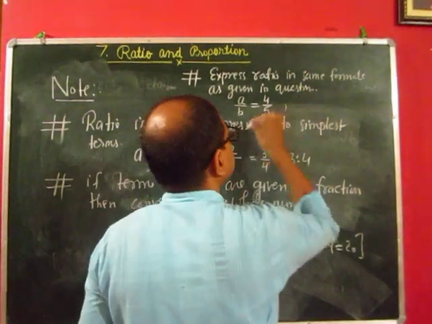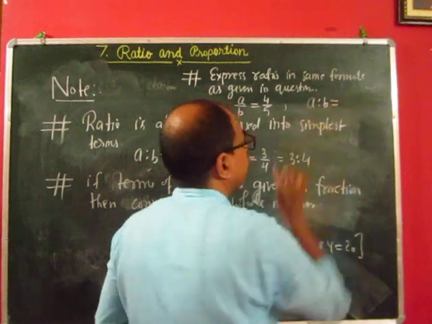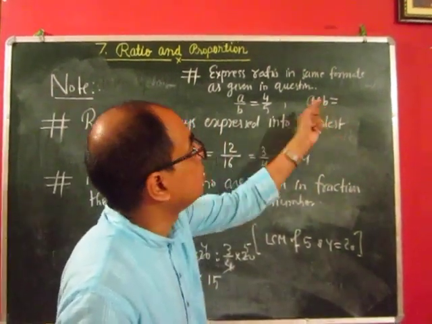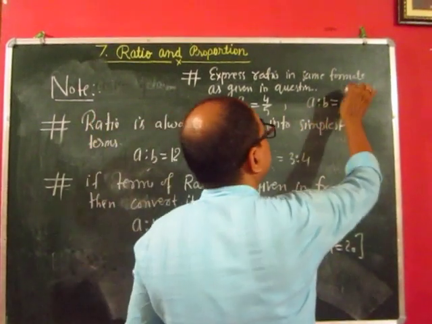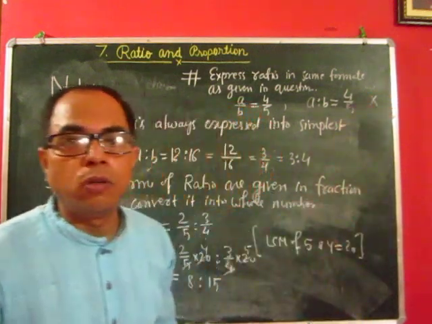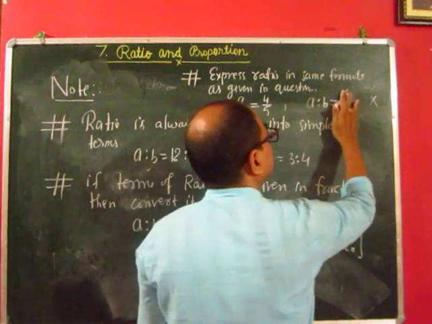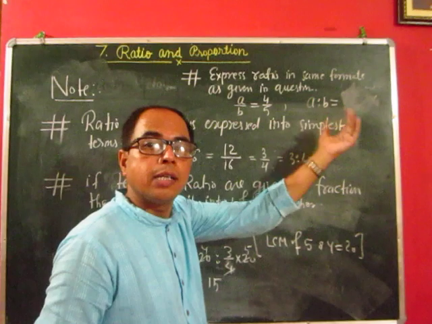But in the same question, if it is written that find the value of a is to b, so here we have to find a is to b. So if you write the answer in this form, 4 by 5, according to the ICSE rule it will be wrong. Clear? So whatever the format of the ratio given, you should write the answer in the same format.